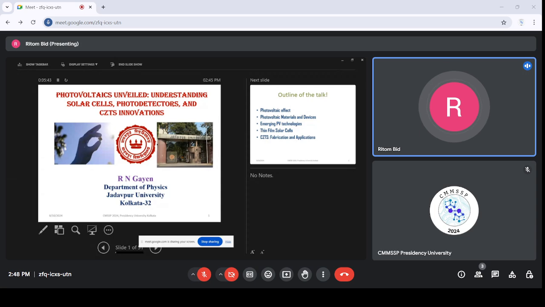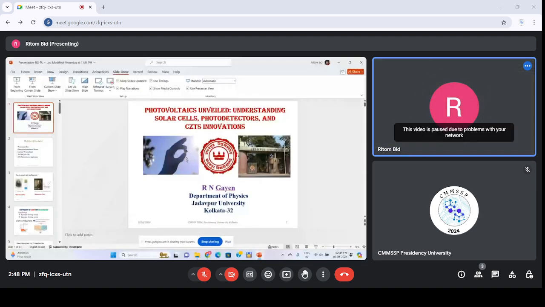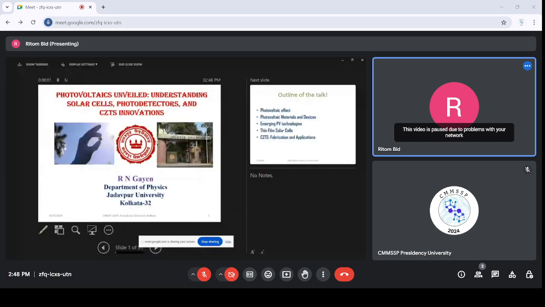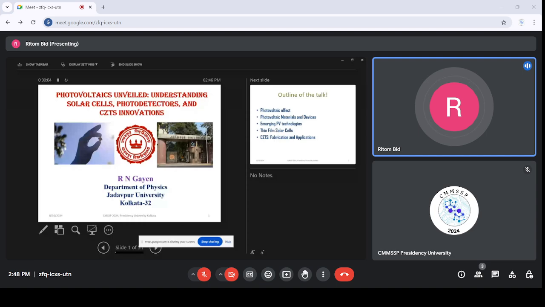So we have a piece of material, and light falls on it, and you're getting the electrical energy or current or voltage. So this is a fascinating phenomenon of photovoltaic that you all know.